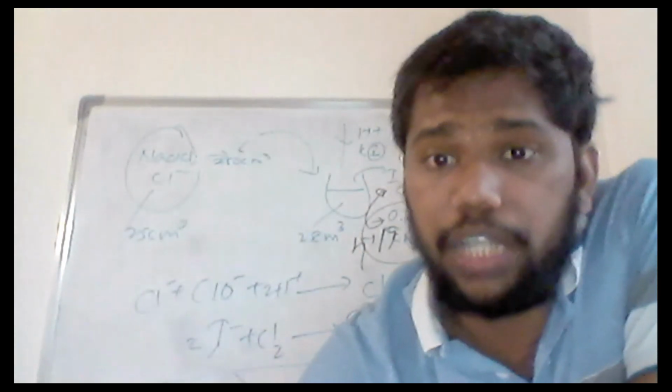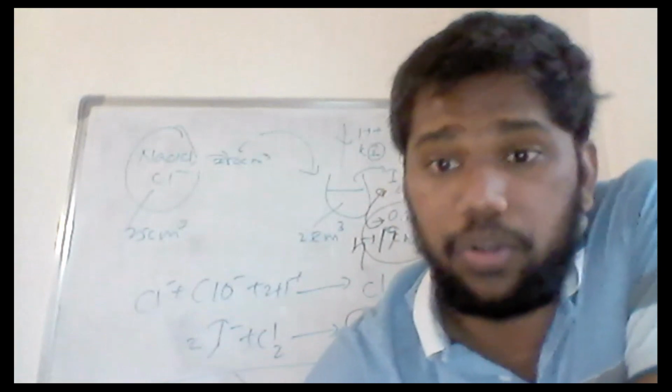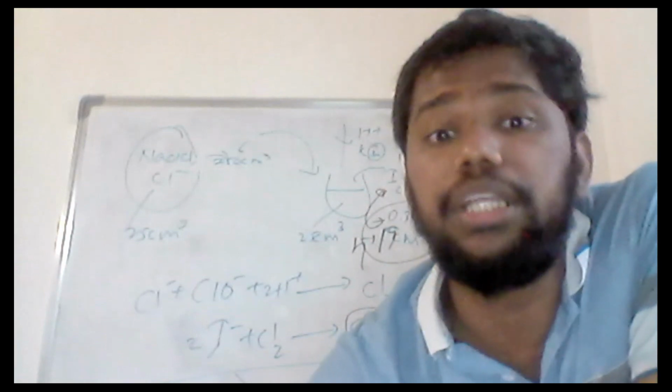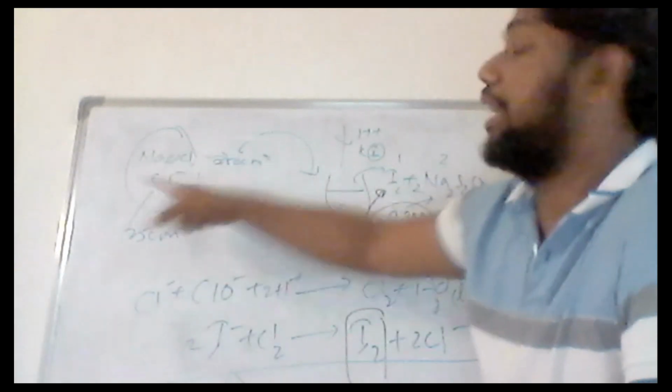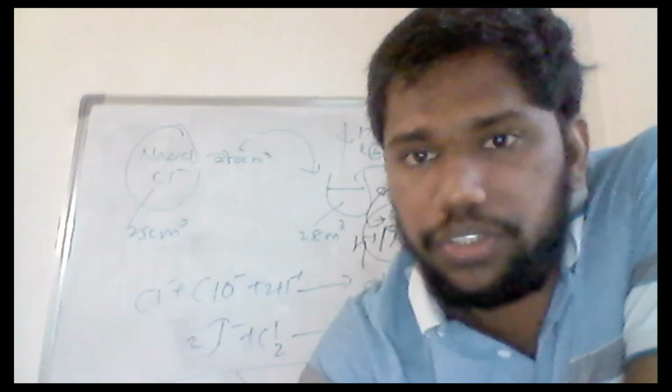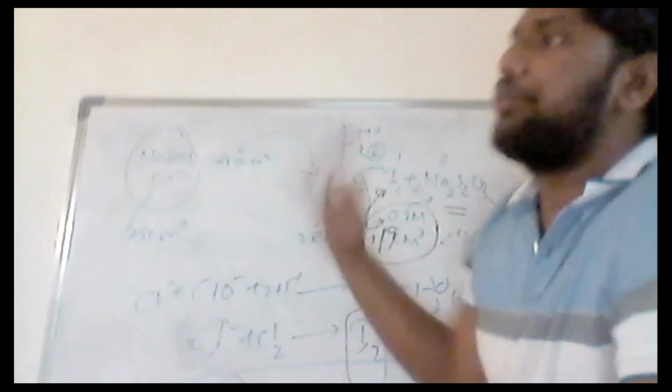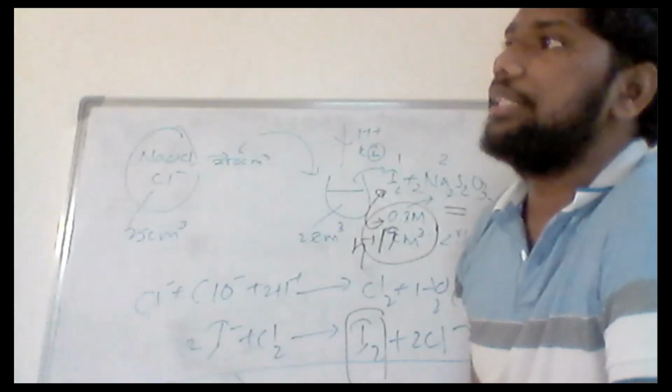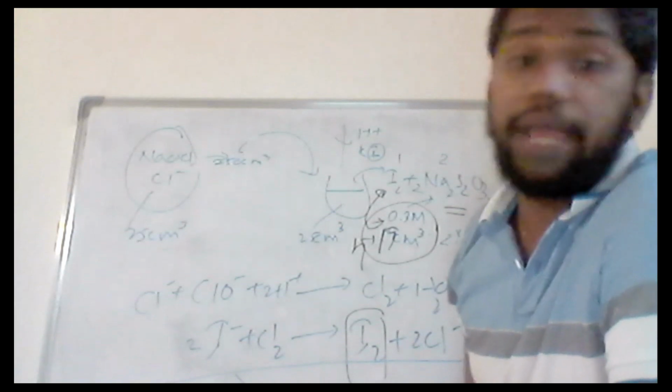So if you know the ClO minus number of moles, that should be the same amount that is present as Cl minus, which is Cl2. So you know the number of moles of Cl2, then you just need to multiply by the molecular weight of Cl2, which is 71 grams.